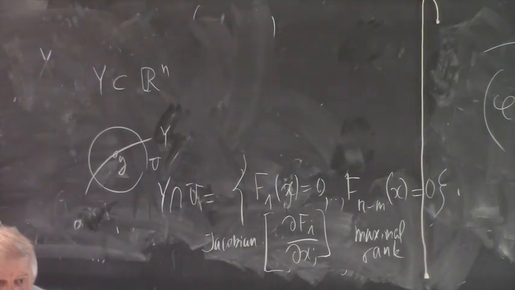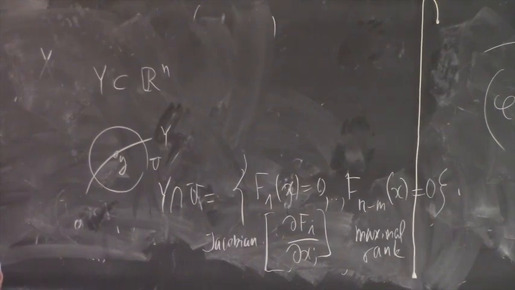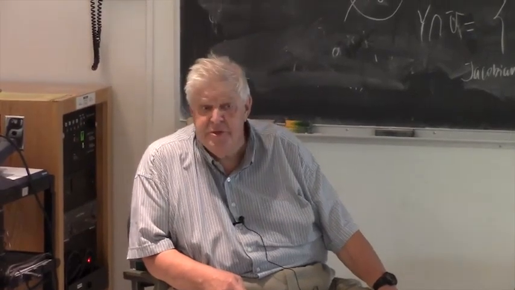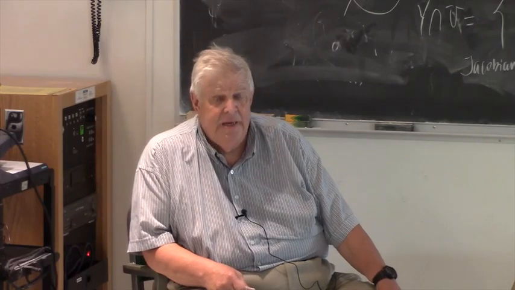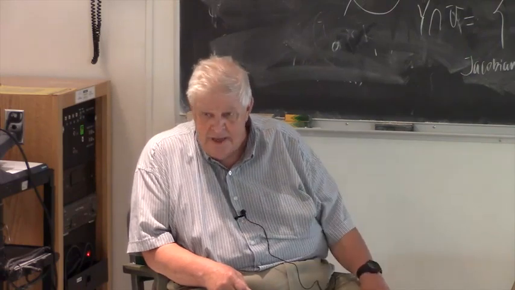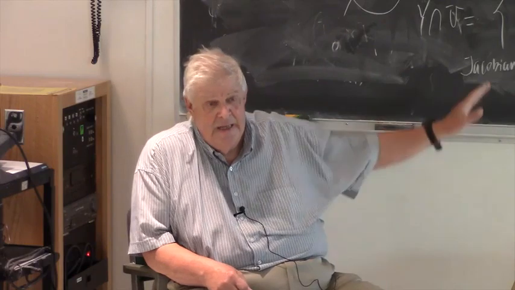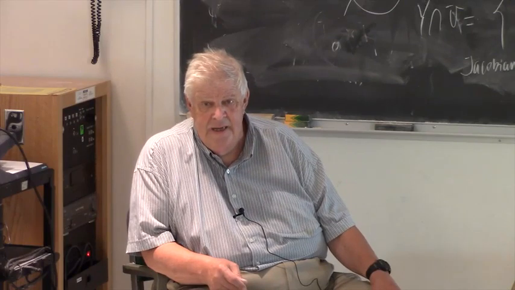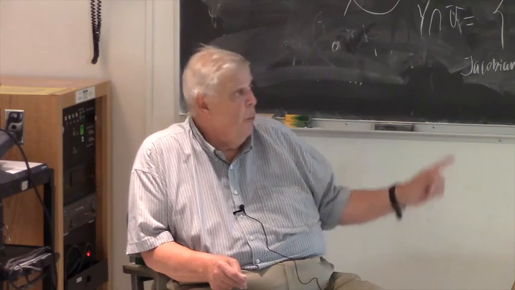You can say that the gradient vectors of these functions are linearly independent at every point of Y. This is a description of a certain subset of Rn, and I want to say two things. The first thing is that it is a submanifold of Rn. But what is more important, it gives you an equivalent description of submanifolds of Rn.